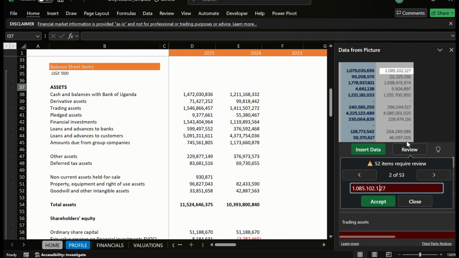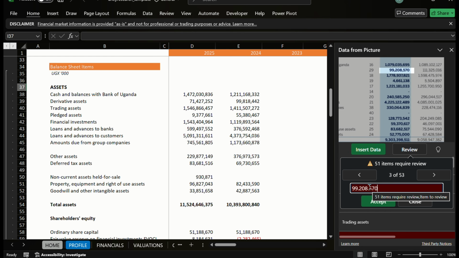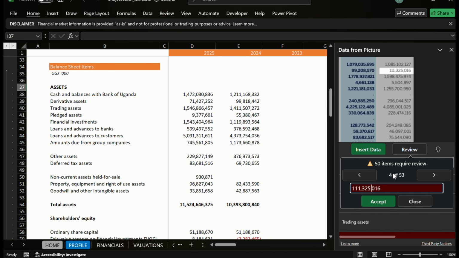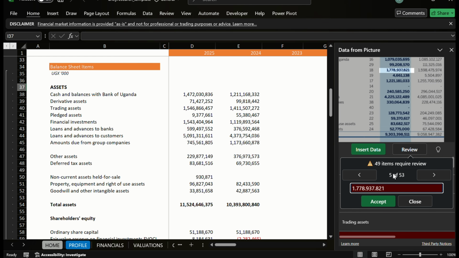Sorry, I have to at some point use the mouse here. Again, this you can see. So let's just go quickly here. Accept.